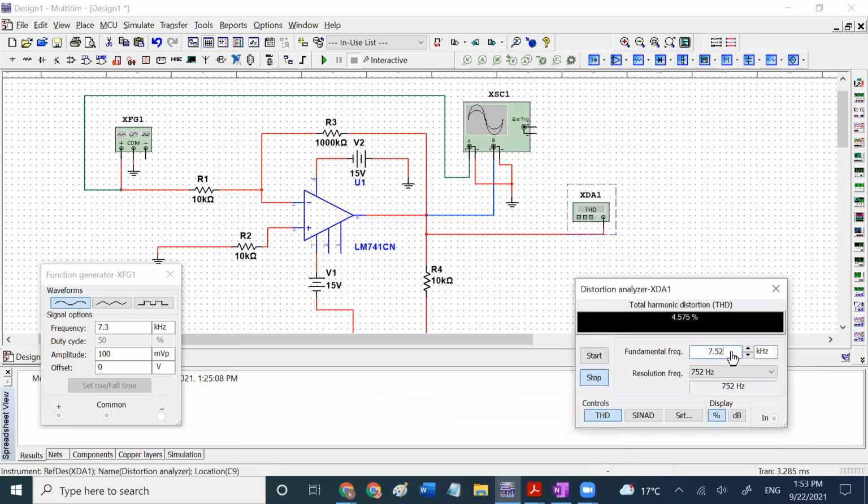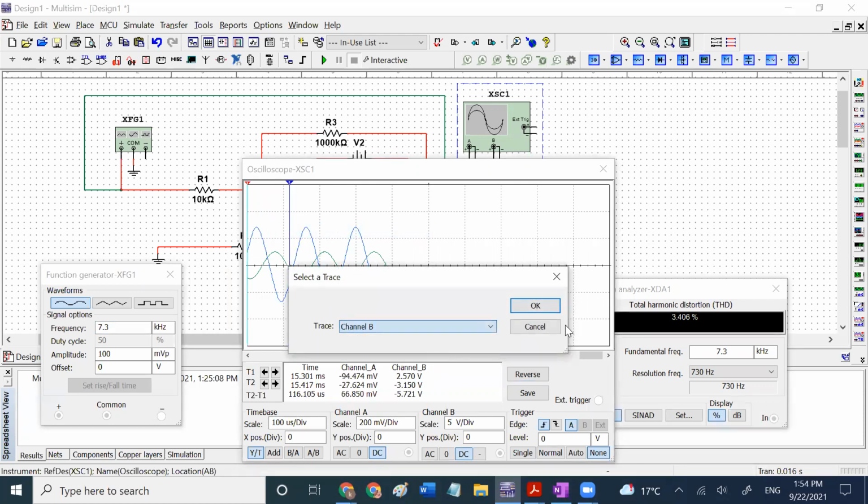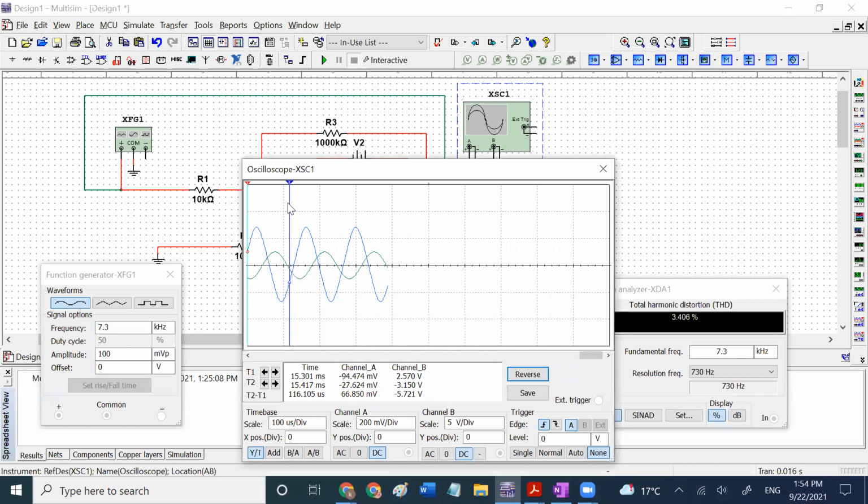Now let's change this one to the same value just to double check, make sure the THD is also correct. My THD stops at 3.406. For the peak, just make sure, because every time you run it, there's a little bit of difference. So Lab 3 is actually a little bit more work for students to do.